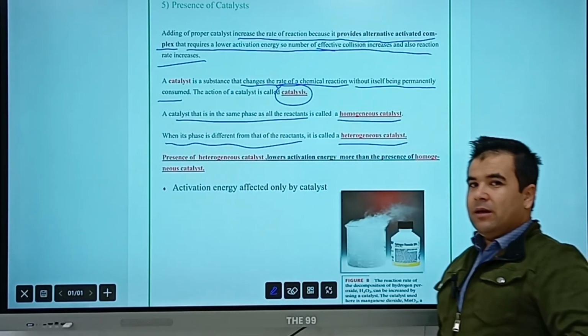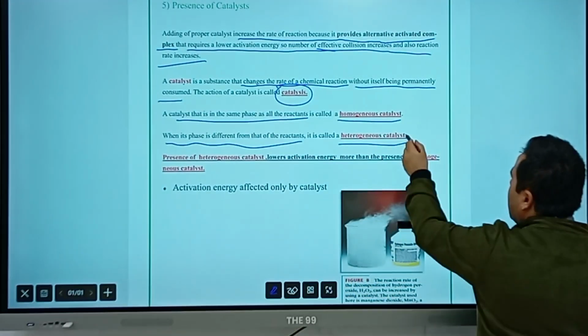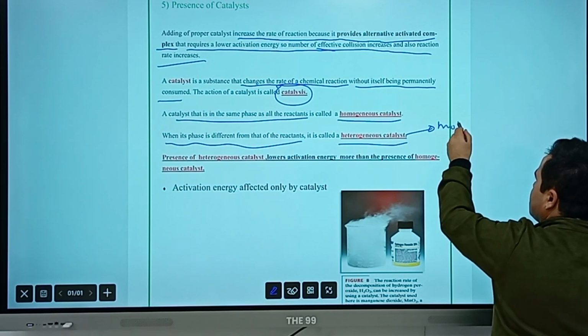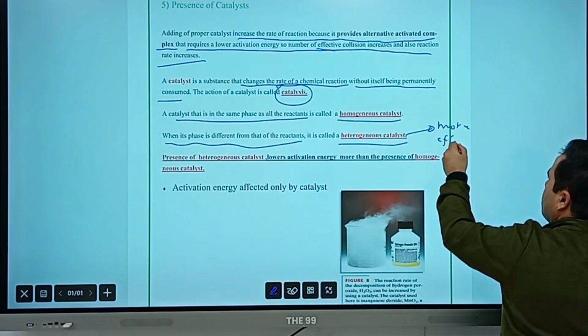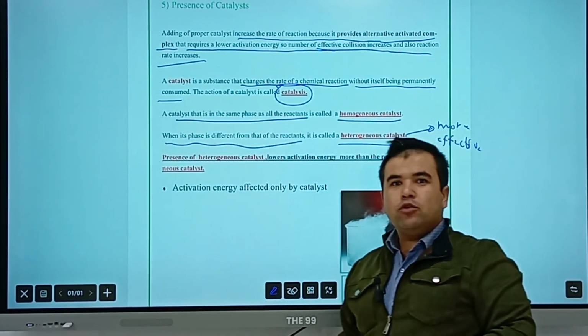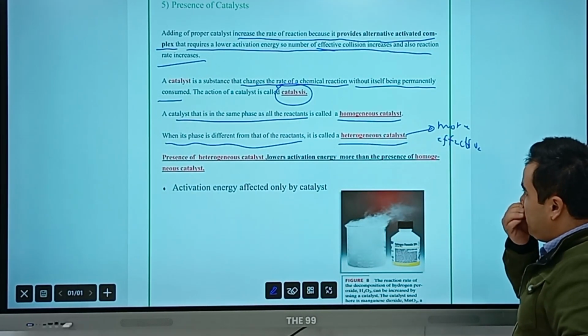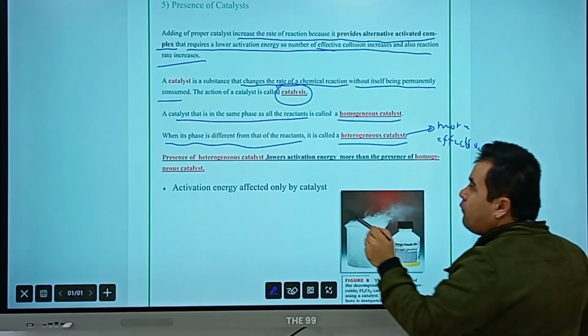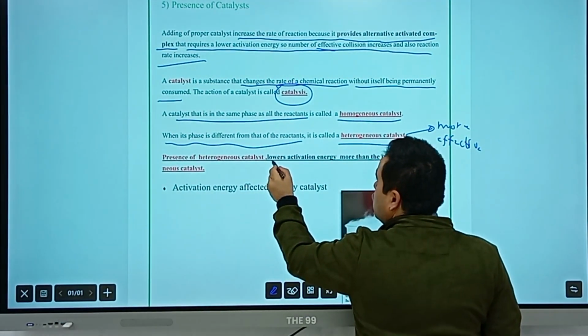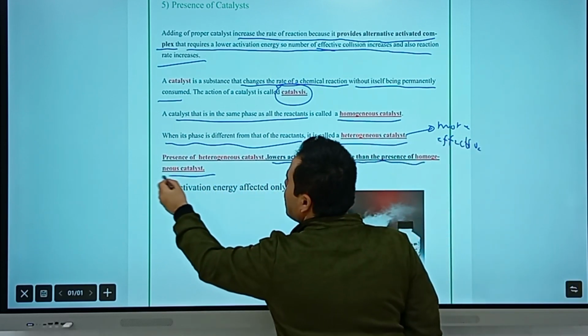Which one is more effective? Graphically, we will show that the heterogeneous catalyst is more effective. We mean it increases the rate of reaction much faster than the homogeneous catalyst. The presence of a heterogeneous catalyst lowers activation energy more than the presence of a homogeneous catalyst.